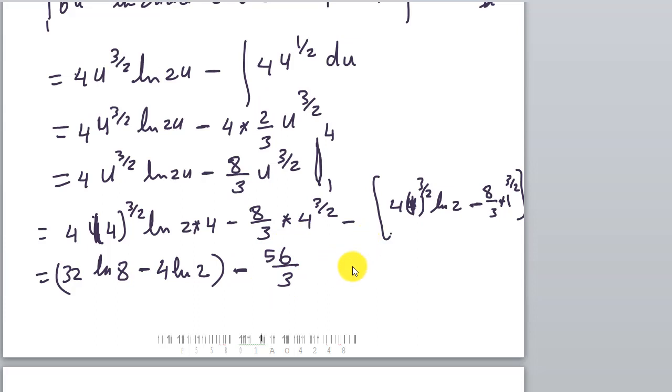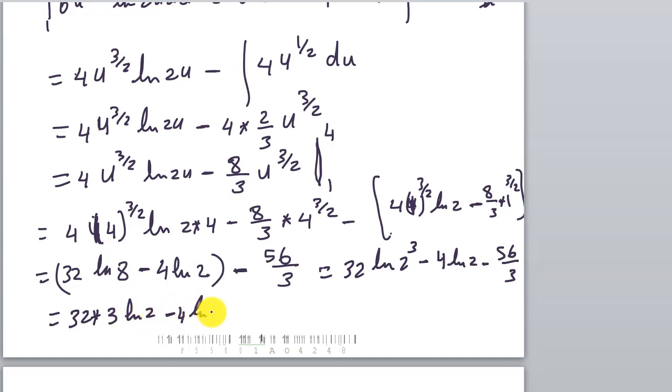Now it's equal to 32 ln 2 power 3 minus 4 ln 2 minus 56 divided by 3. So it's equal to 32 multiplied by 3 ln 2 minus 4 ln 2 minus 56 divided by 3.